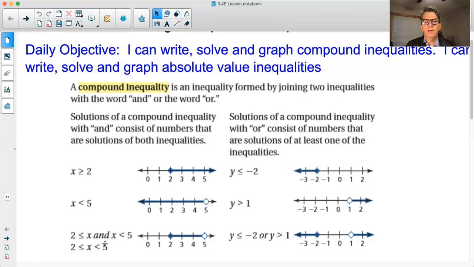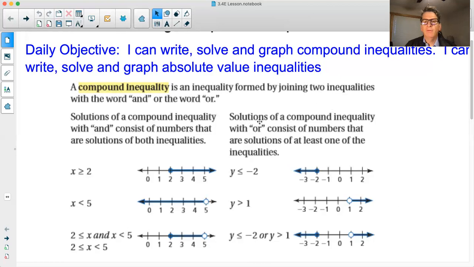With the word and, the solution would be the numbers that are part of both inequalities. So the solution to this compound inequality would be those values between 2 and 5, including 2, but not including 5.